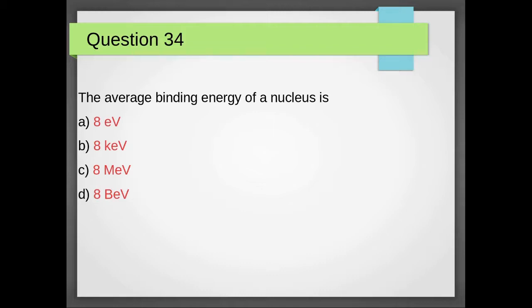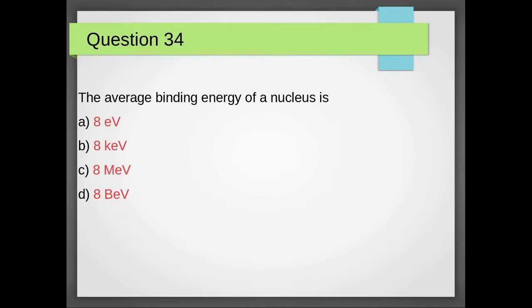Now we know from the graph that plots elements with their mass numbers on the x-axis and the binding energy per nucleon on the y-axis, that between elements with mass number 30 to about 170 the line is pretty straight.